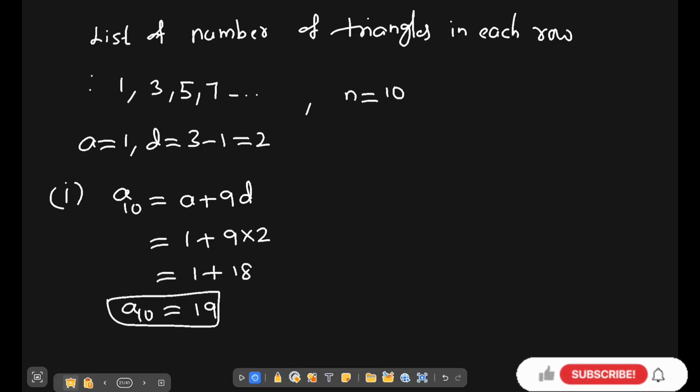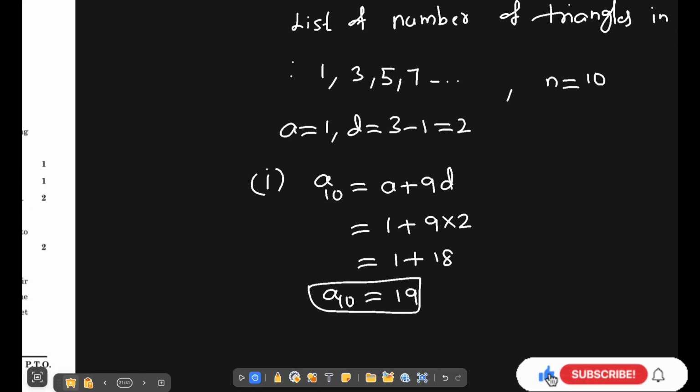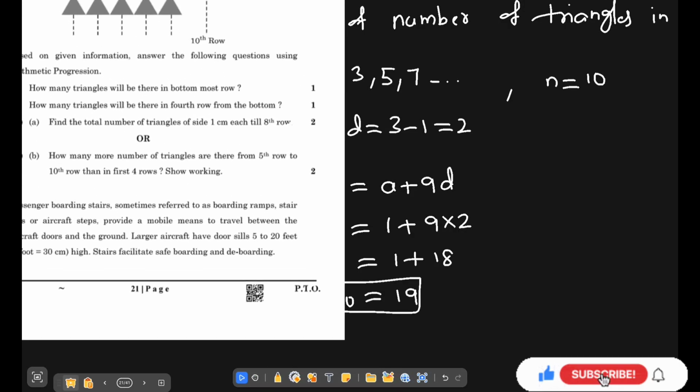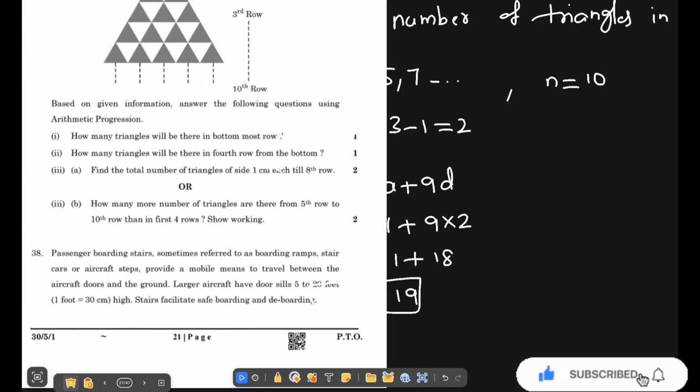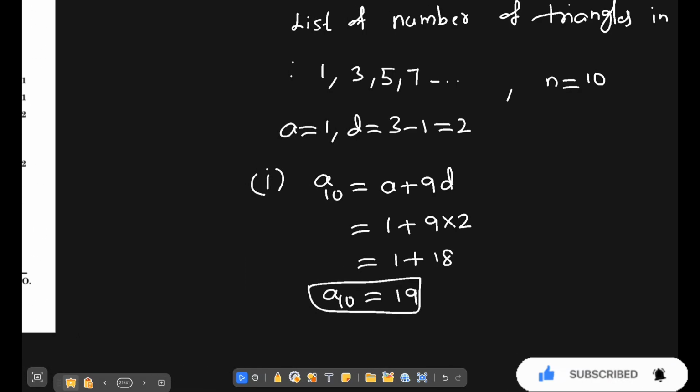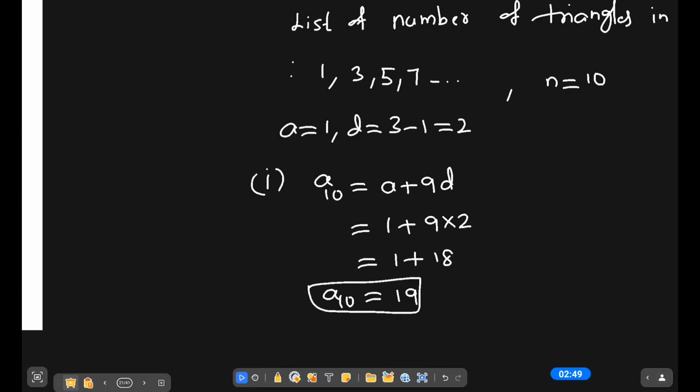What is the next one? Next question is: how many triangles will be there in the fourth row from the bottom? Fourth row from the bottom means we have to find the fourth term from the last.